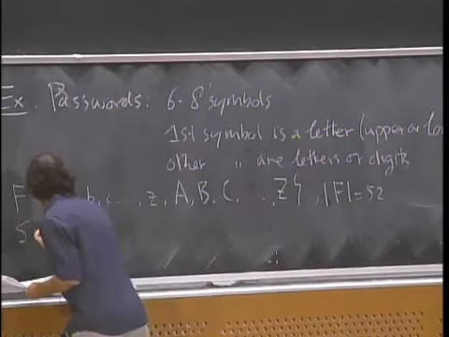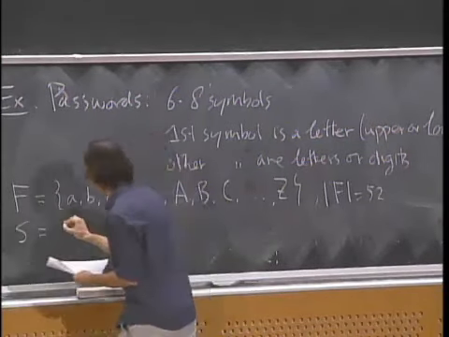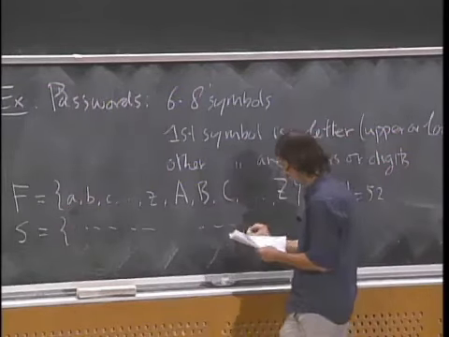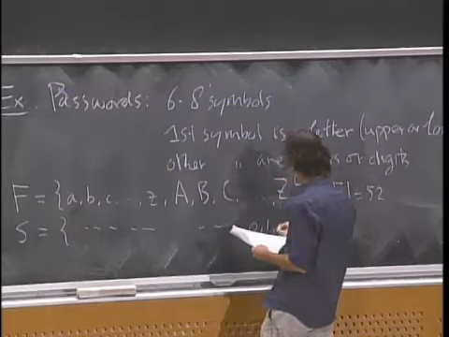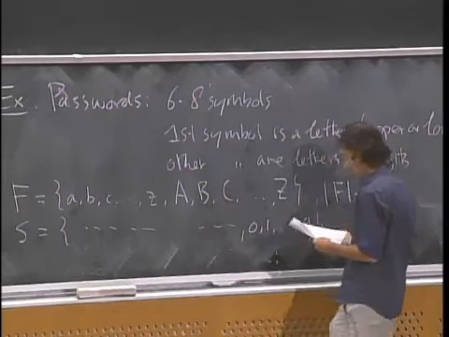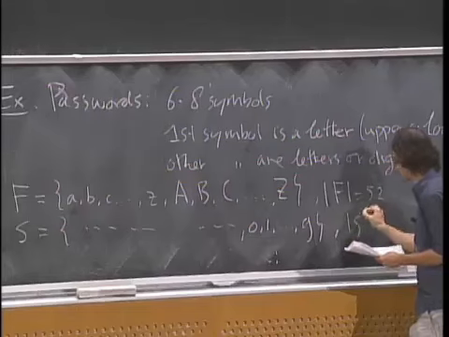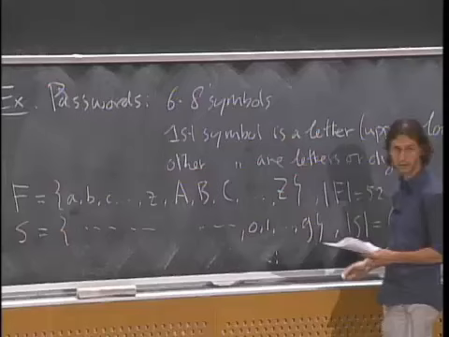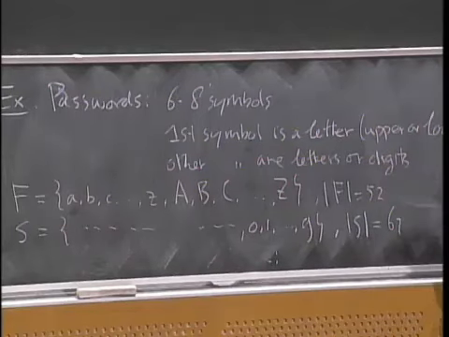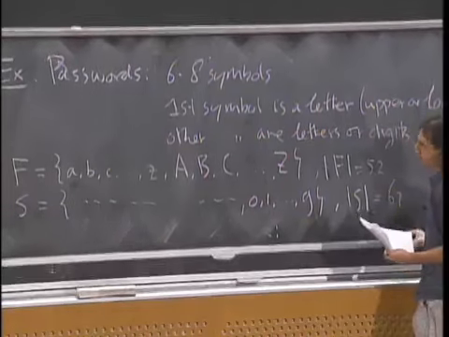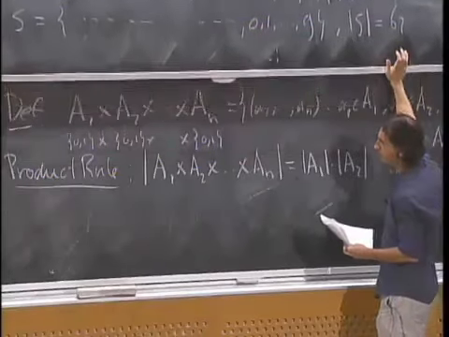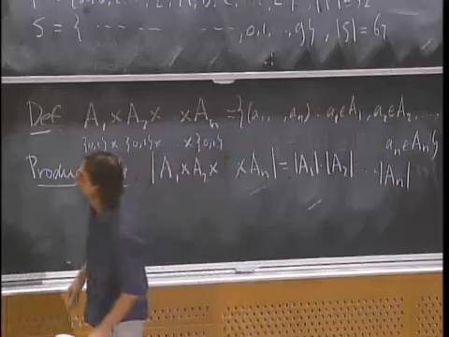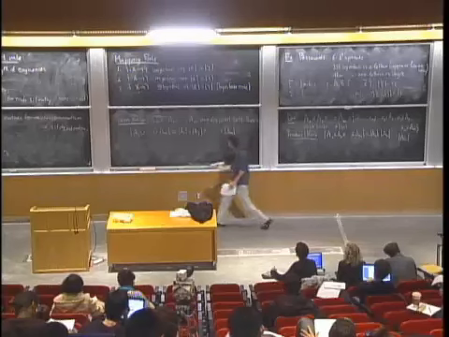For the other symbols, we have all these letters, but also all the digits, 0, 1, up to 9. And this set has cardinality 62. We added 10 digits. So actually we like to use this in the sum rule as well.